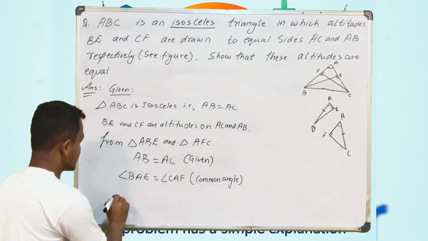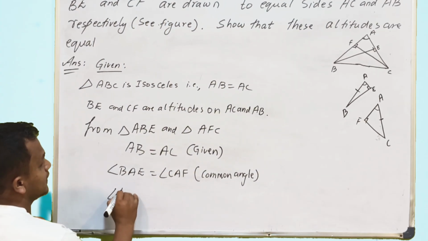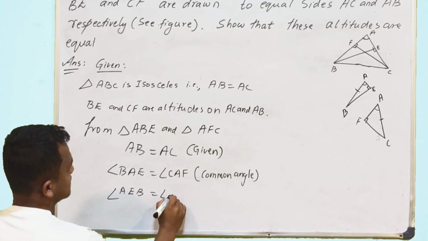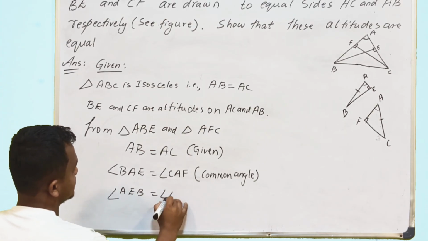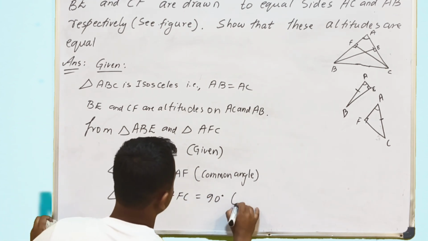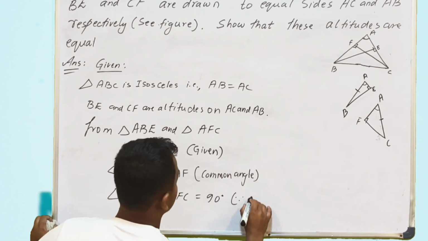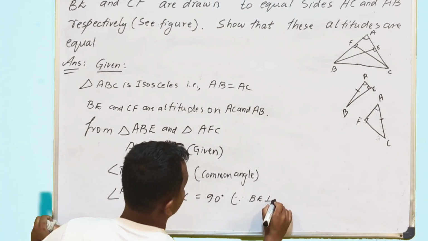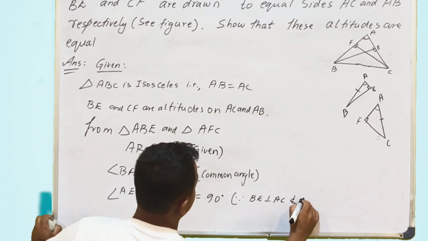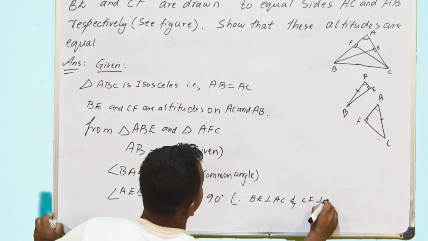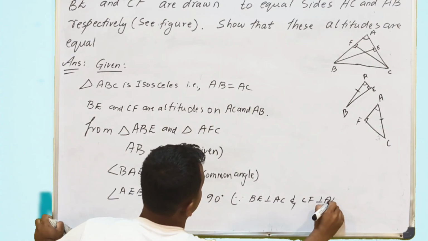So we can write angle AEB is equal to angle AFC is equal to 90 degrees, since BE is an altitude of AC and CF is an altitude of AB.